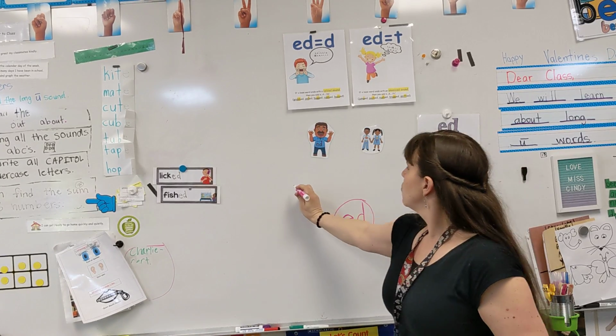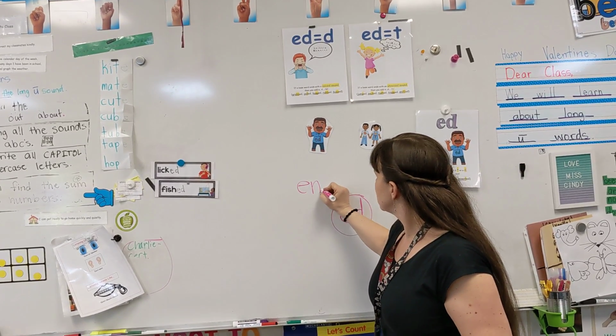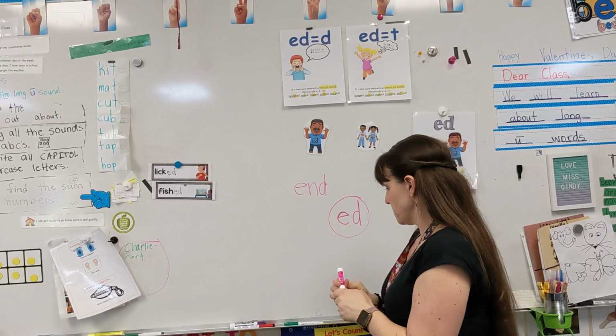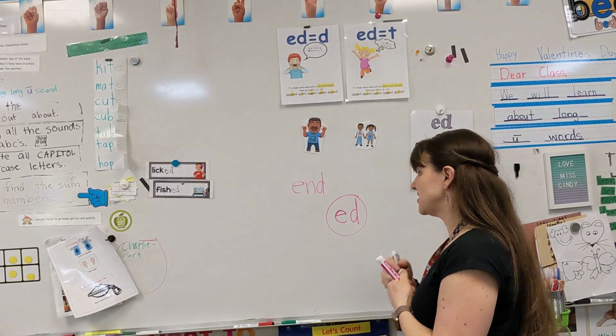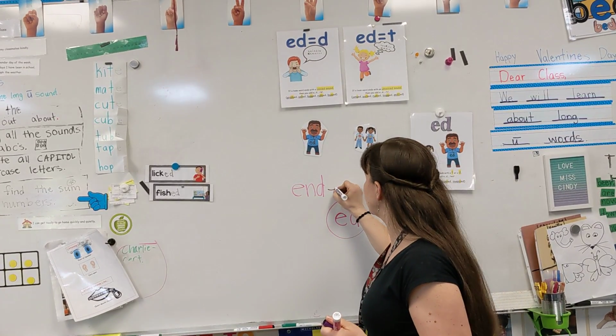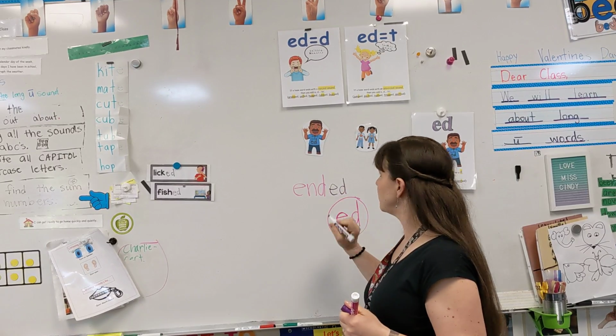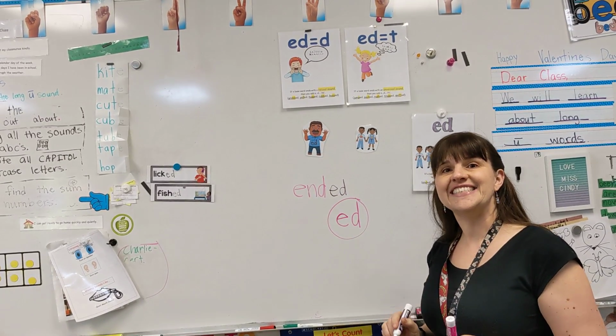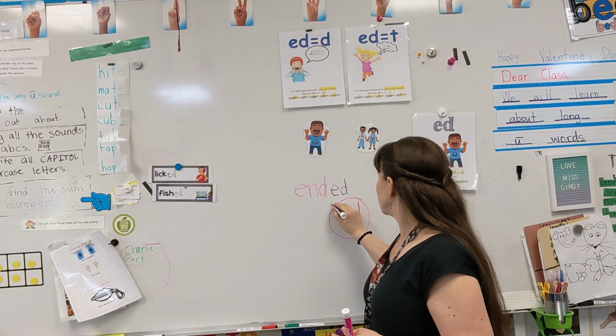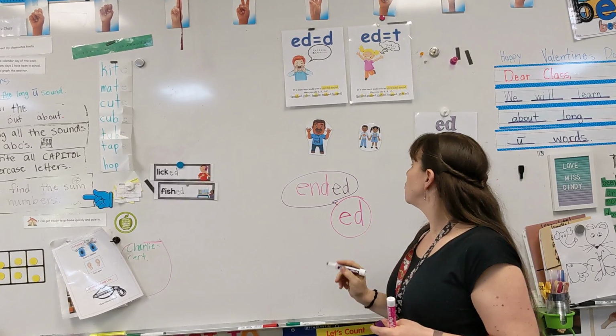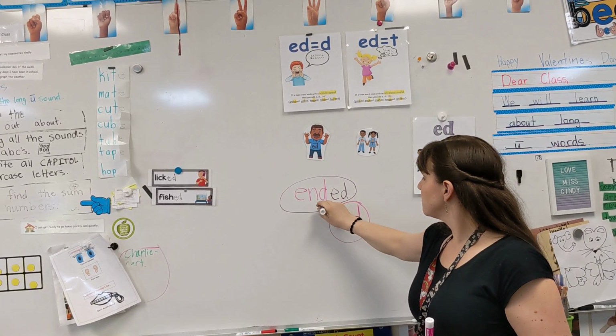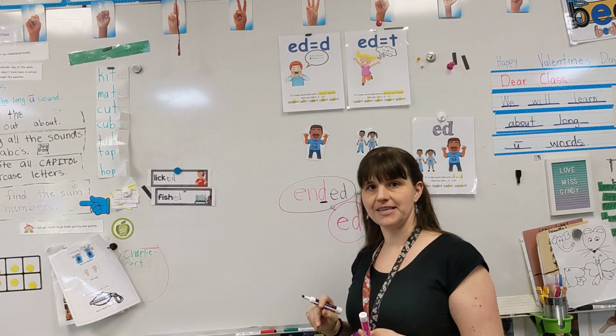So here's one of the base words, end. Okay, now this is cool because watch this. I'm going to change it into a different word, end, ed. Did you hear the ed in that word? Ended, ended. So when you add an ED to a word that ends with a D, you're going to say ed for ED.